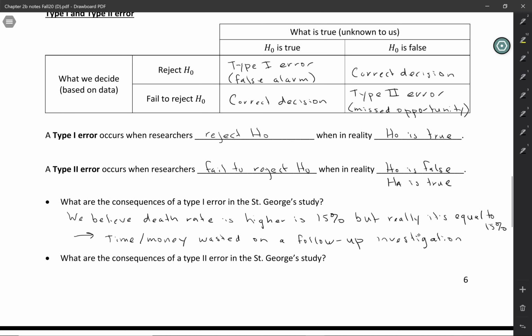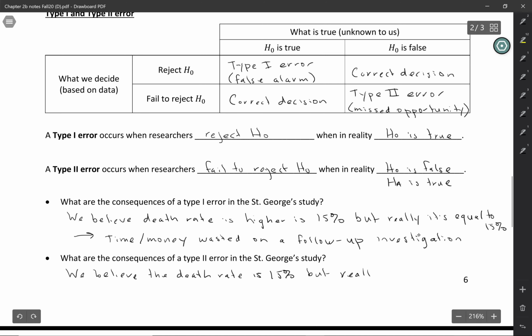What about the consequences of a type 2 error? A type 2 error occurs when researchers fail to reject the null hypothesis. So in that case, it would be saying that we believe that the death rate is 15%, or at the very least, we think that that's a reasonable value for the death rate at St. George's, but really, it's higher. Right? So you can think this is like a missed opportunity to improve things, right?